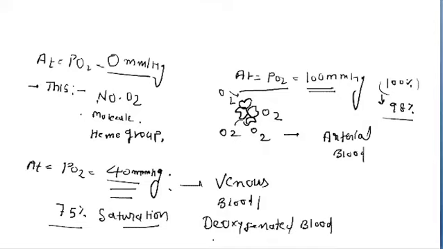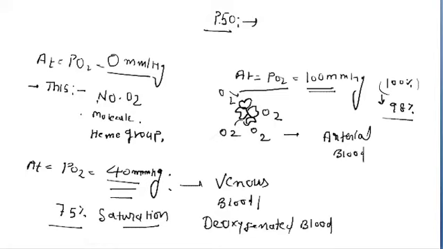This phenomenon can change the affinity for oxygen. If we talk about P50, now what is P50? Before going to the graph, we have knowledge about the P50.